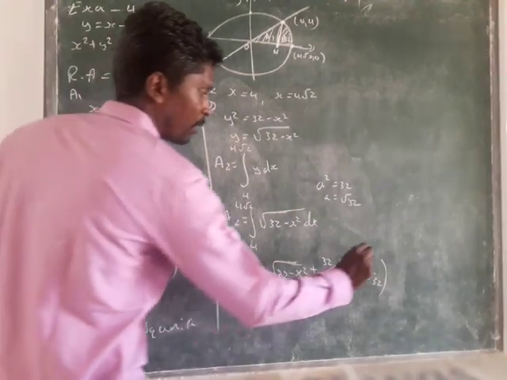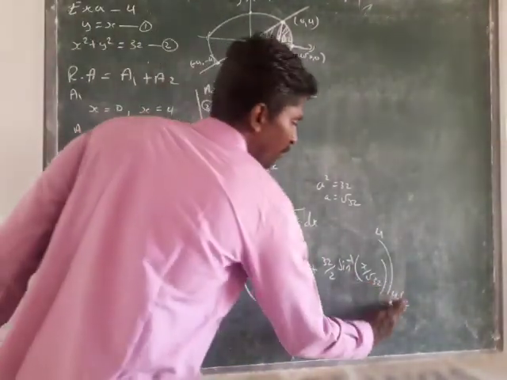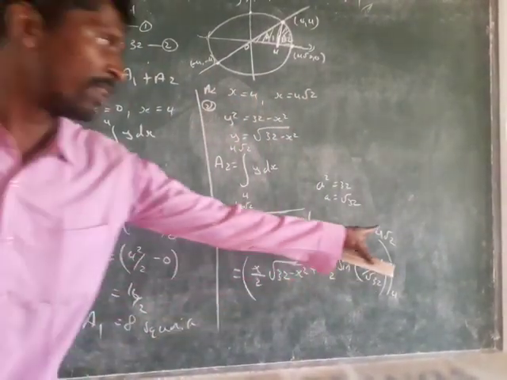Then the upper limit and lower limit are 4 root 2 and 4. Sorry, 4 to 4 root 2. Now substitute the upper limit value here.